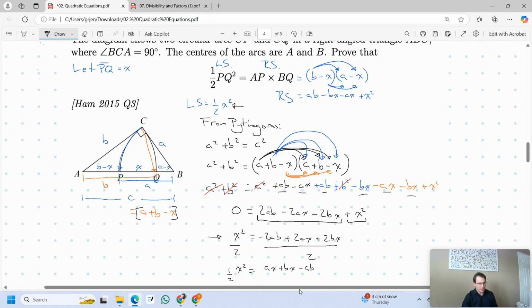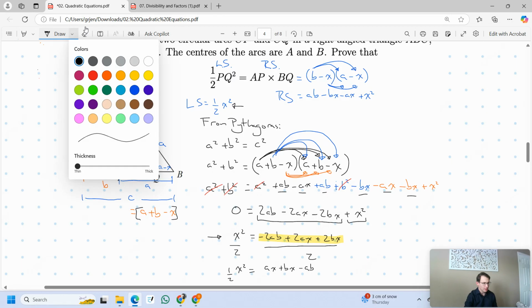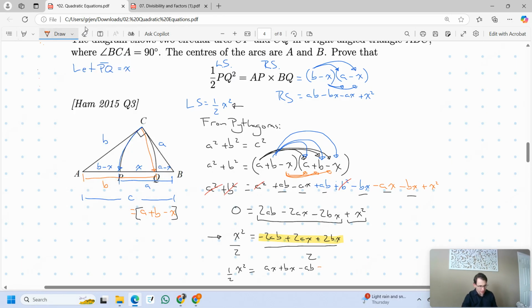All right. Now, we also have our useful equation here, this one. So, on one hand, this equals the left side. So we can rewrite the left side as being equal to AX plus BX minus AB.